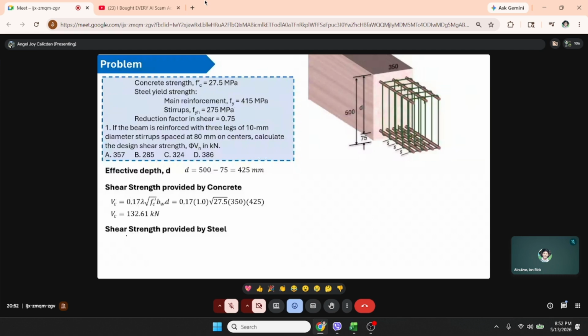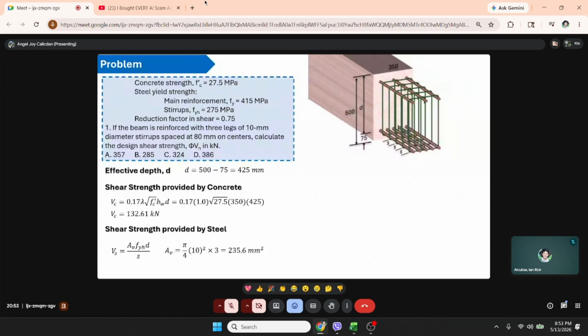So for the shear strength provided by steel, Vs is equal to AvFyh d over s. And for part 1, it says that the beam is reinforced with 3 legs of 10 mm diameter stirrups, spaced at 80 mm on centers. So calculate the design shear strength.